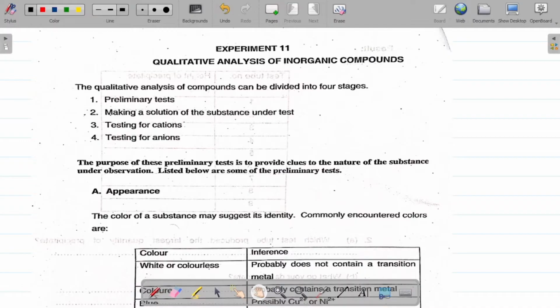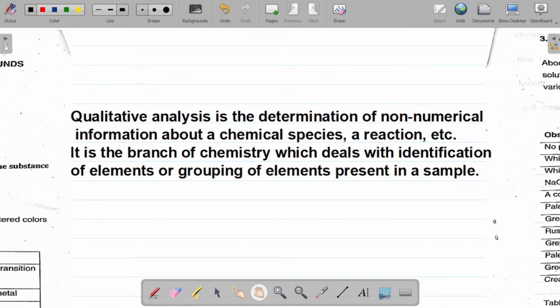So when we say the qualitative analysis of inorganic compounds, what exactly does qualitative analysis mean? Now, I'll give you a definition. By definition, qualitative analysis is the determination of non-numerical information about a chemical species, a reaction, etc. So we are not calculating the numerical information such as the molarity or the volume.